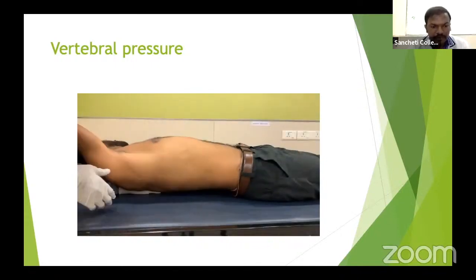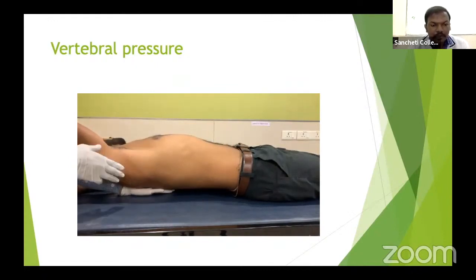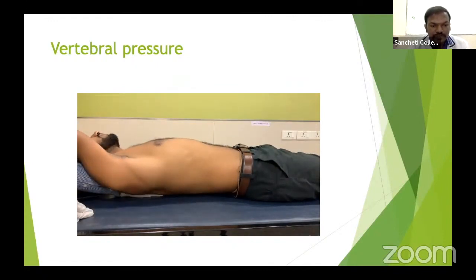Previously we applied on the upper thoracic. Now we have applied the vertebral pressure in the lower thoracic region. Here you can see the increase in the chest movements.